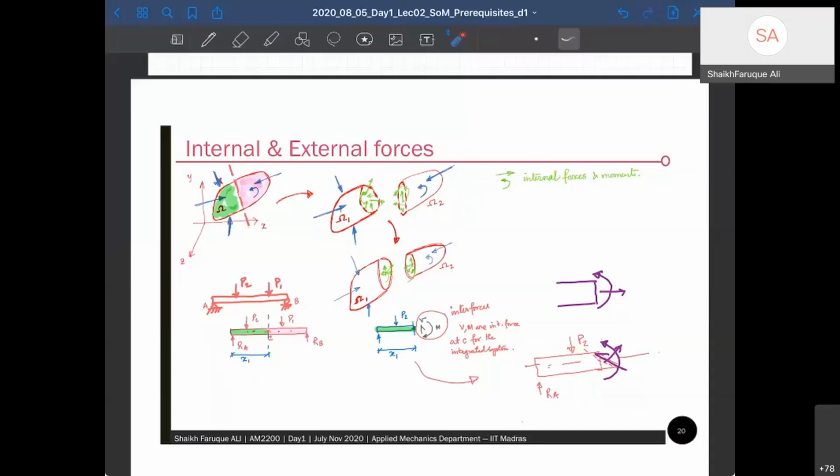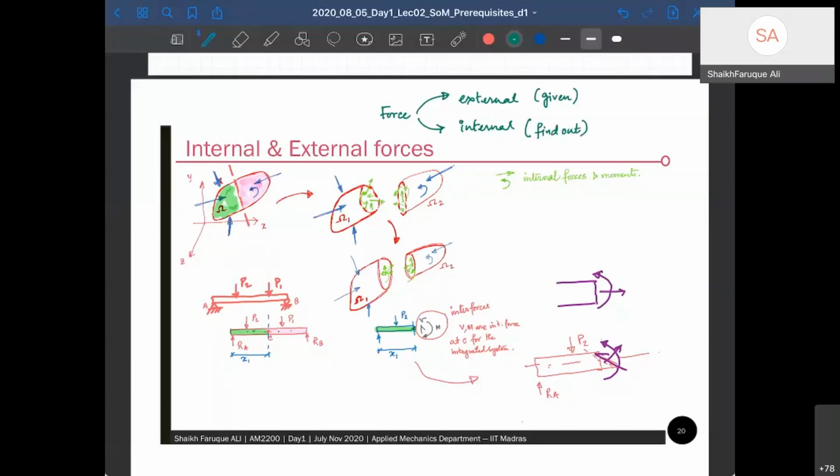Now, when you have a structure, the forces on a structure are separated, for ease of solution in mechanics, into two types, external and internal. All right. For a general analysis problem, this will be given and this needs to be found out.